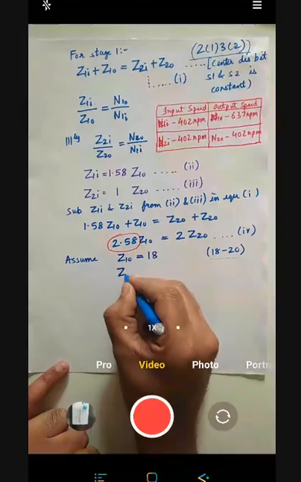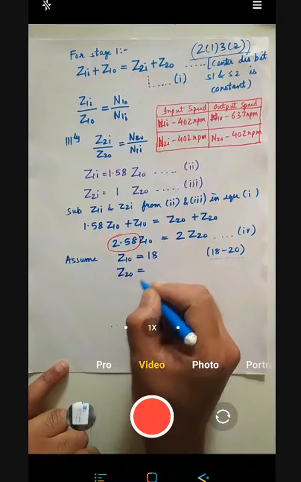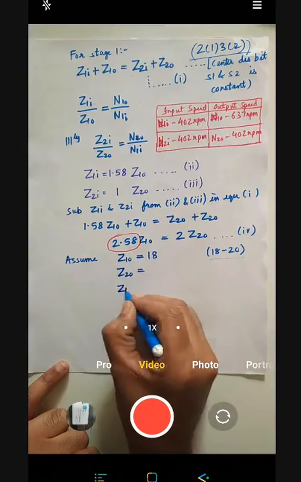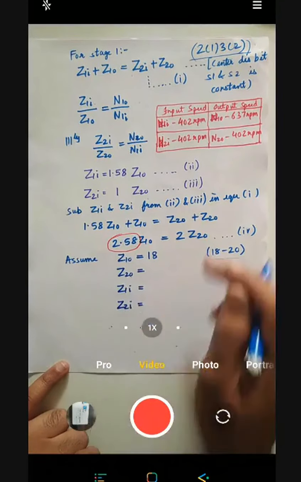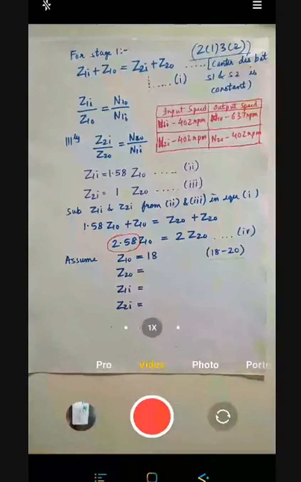If Z1O is 18, tell me what Z2O will be, and then calculate Z1I and Z2I from equations 2 and 3. You have to assume one, and for the rest you can use different equations and calculate. Use equation 4 first, then use 3, then use 2.